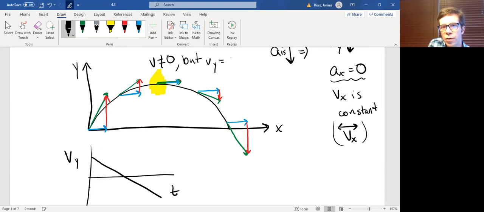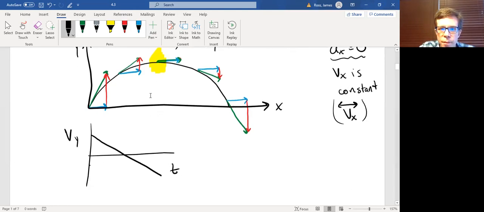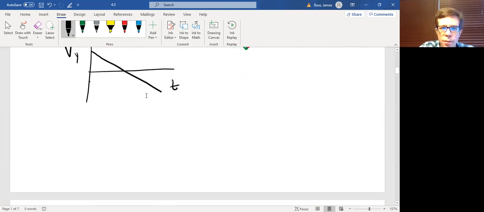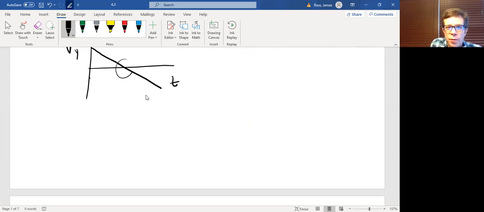V in the y direction is 0. So it's an important distinction to make when you're doing a projectile motion problem, that while you don't know the velocity, you do know the y component of the velocity at the top. That point is where you're passing through the axis here.